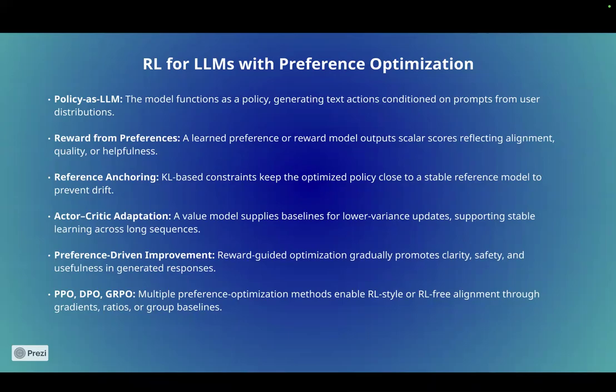It's helpful, harmless, and honest. You could have various different dimensions, right? Based on those dimensions, your model will perform better. So that's the entire idea behind preference optimization. And like I mentioned earlier, PPO, DPO, GRPO, these are three key algorithms that carry out preference optimization. There's a whole lot more right now, but these are the three key main ones, and we'll touch upon them in later slides.